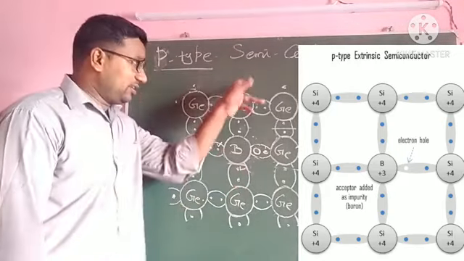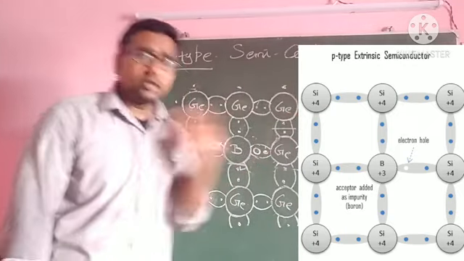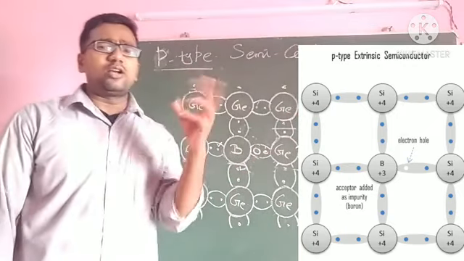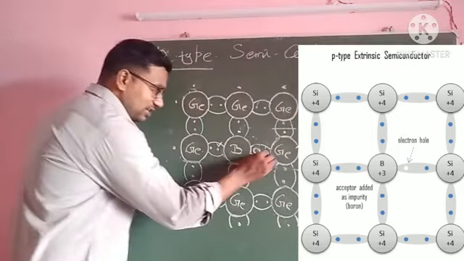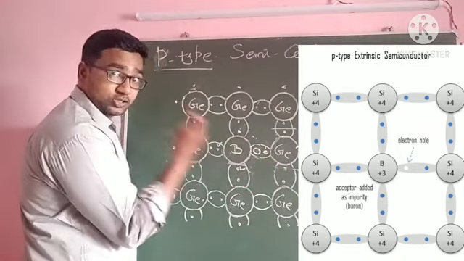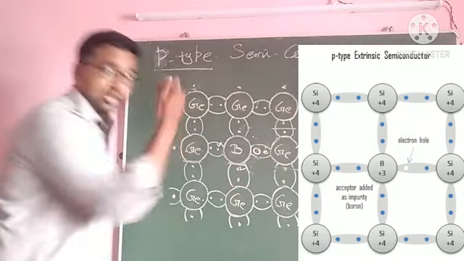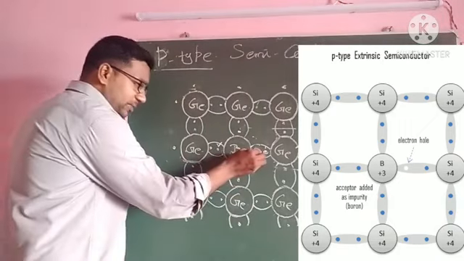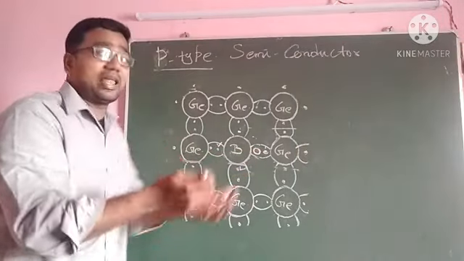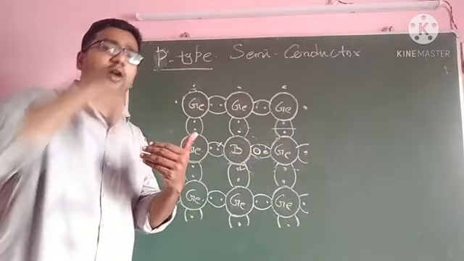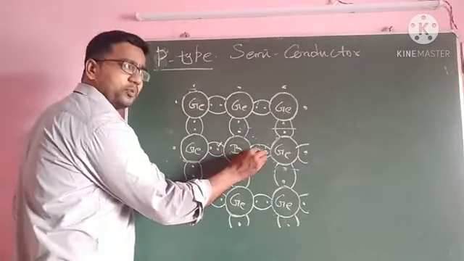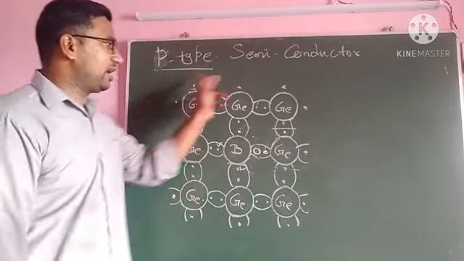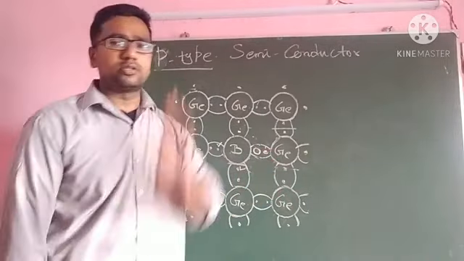Whenever you add the trivalent atom boron, you will get 1 hole. So there are no free electrons available in this area, but you will get holes. By getting holes, you will accept electrons, the opposite charge. Every time you add trivalent atoms, you will get holes.